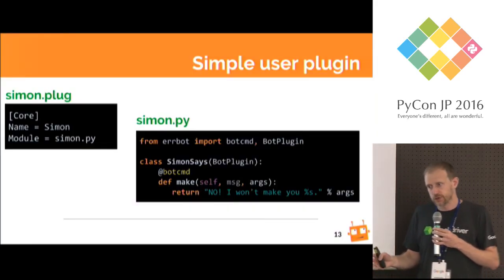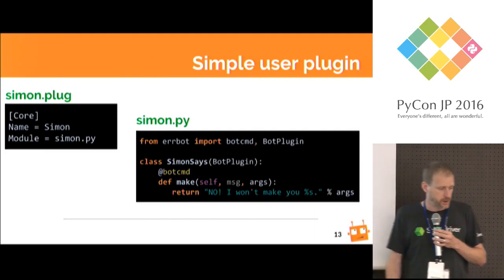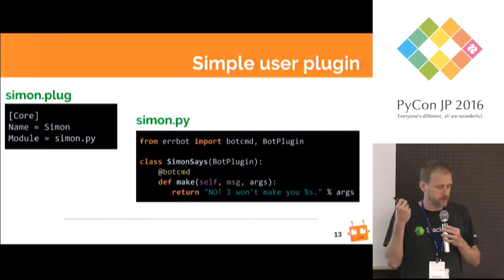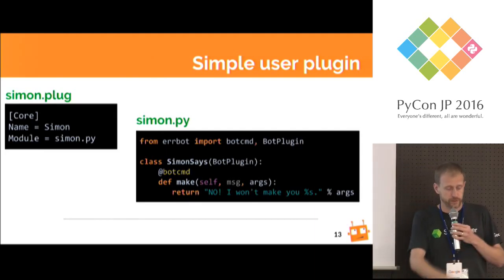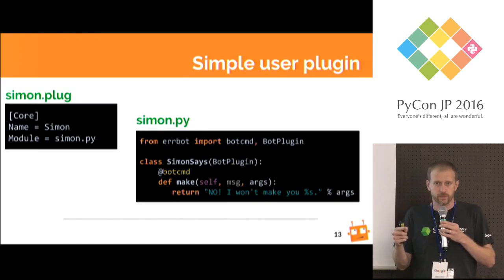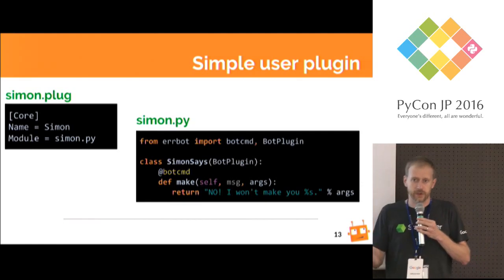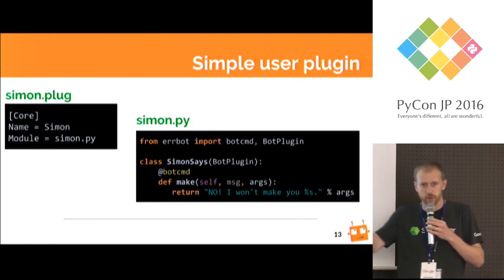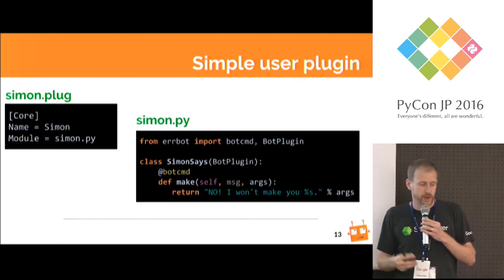A plugin is just 2 files, basically. One is a file called a .plug file, for a plugin, and it just tells the bot where to bootstrap a plugin.